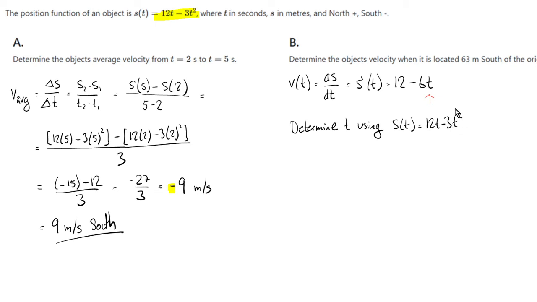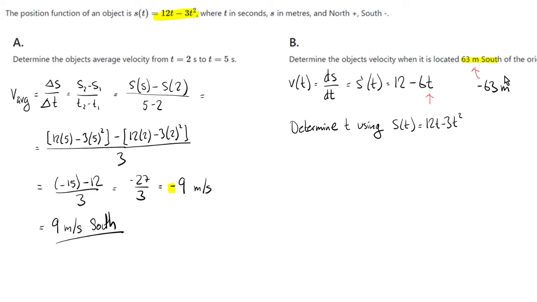And so we know that the position is 63 meters south. So that means that south is represented by a negative sign, so it's going to be negative 63 meters.